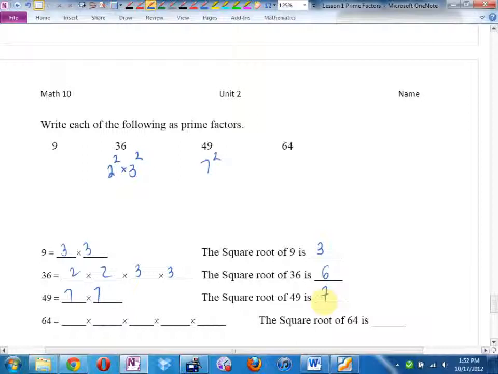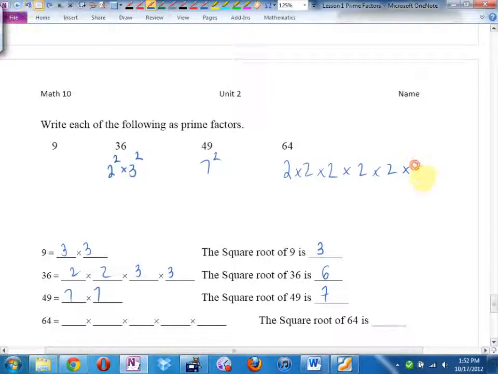What about 64? If I write the prime factorization of 64, you know what it's going to be? 2 times 2 times 2, 4, 8, 16, 32, 64.